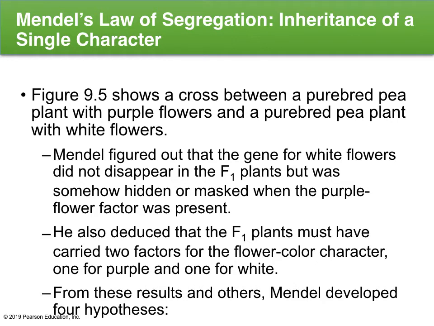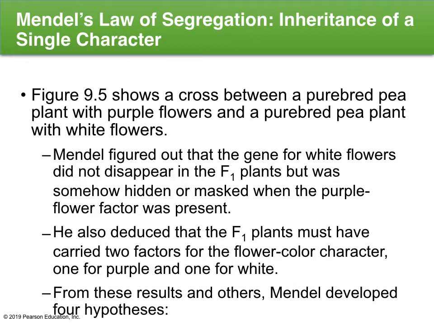So if you see all this offspring have purple flowers, you might think, oh, the heritable character for the white flowers has somehow disappeared. But he realized that it didn't disappear, because when he crossed the F1 plants, in the F2 generation, you saw the white flowers again.